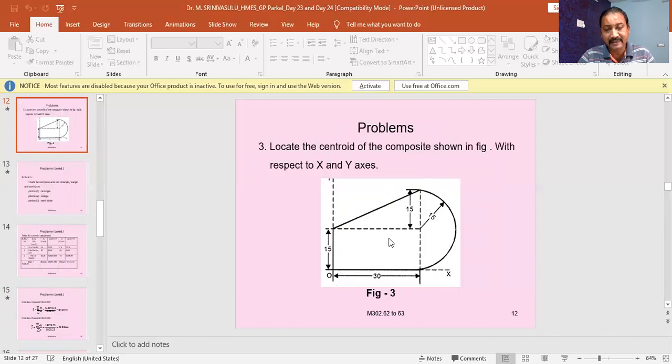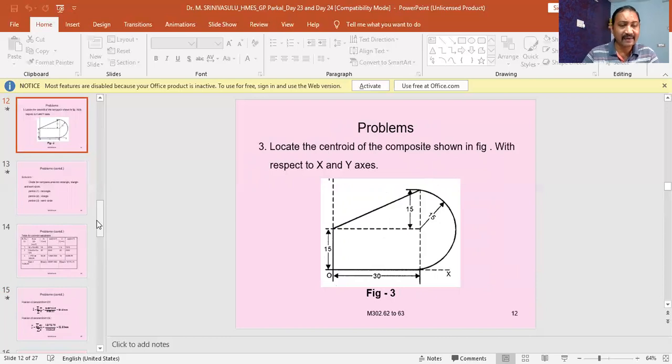In this way, we have to mention the coordinates for the centroid. In the present case, the figure is composed of a rectangle, triangle, and semicircle.